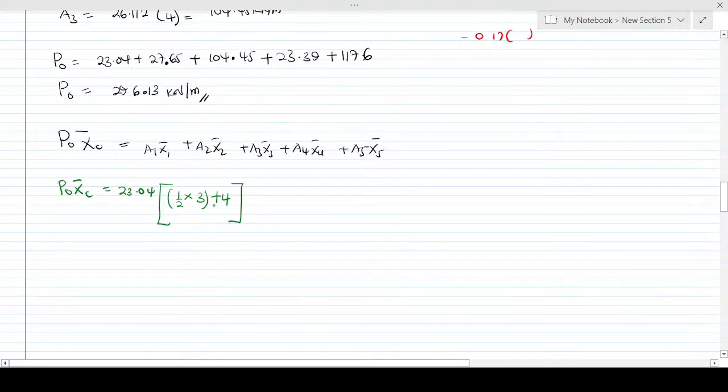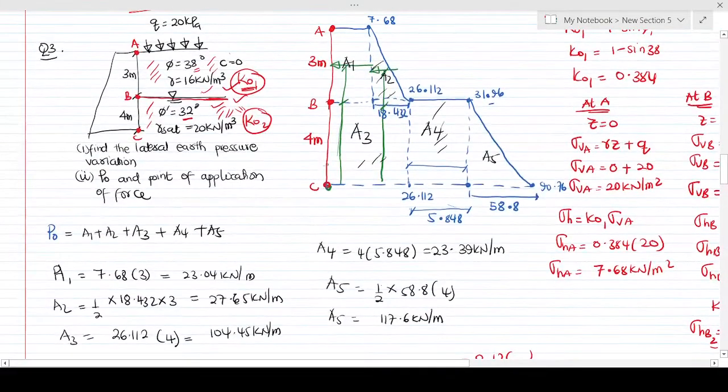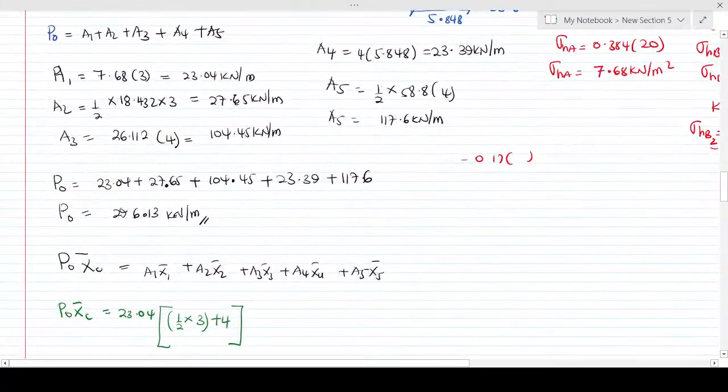So this is my moment arm. The plus 4 is because we have to move down to where we're taking our moment. So the plus 4 is because of the distance from here to here. Because the centroid will take you to B, but we need to continue the distance here, C, right?